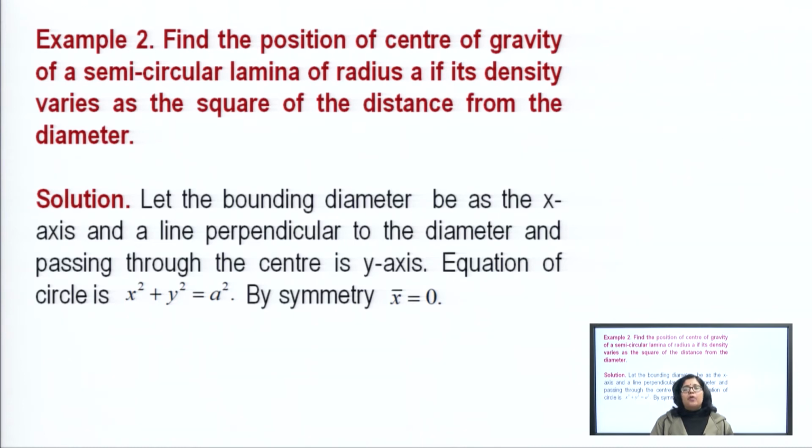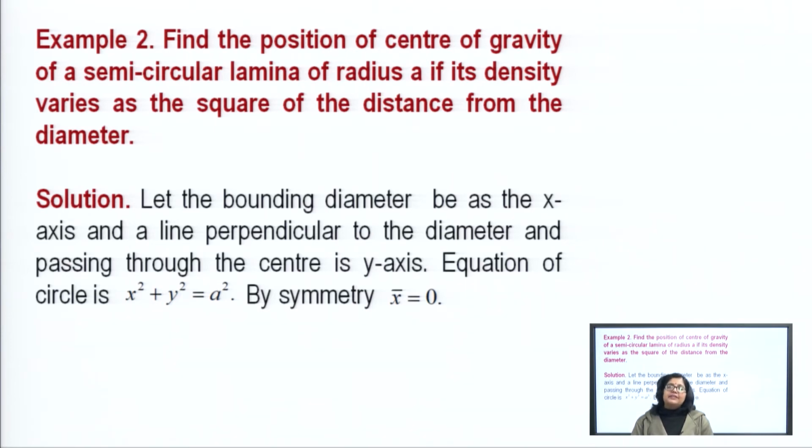So, let the bounding diameter be the x axis and a line perpendicular to the diameter passing through the center be the y axis. Since it passes through the center, the center of gravity lies on the y axis. If it lies on the y axis, the coordinate x bar is 0.